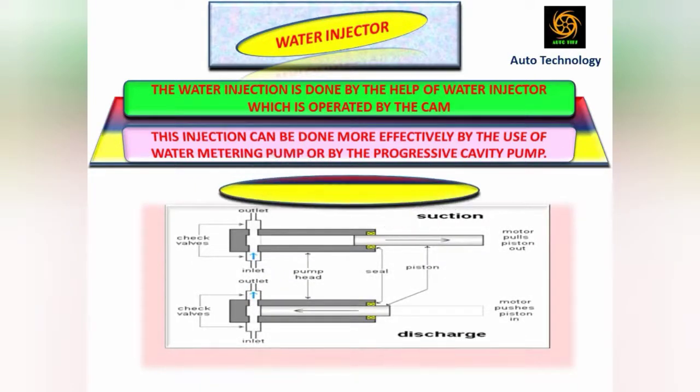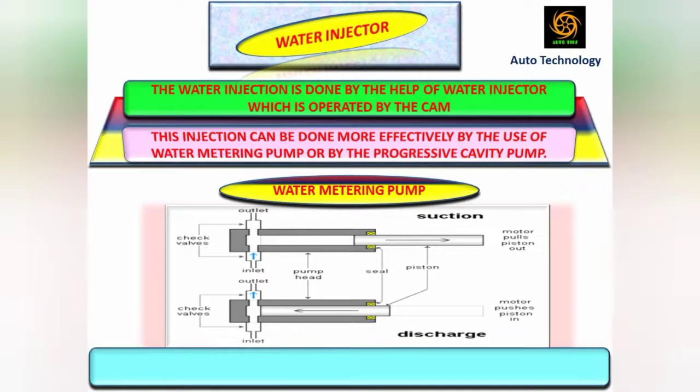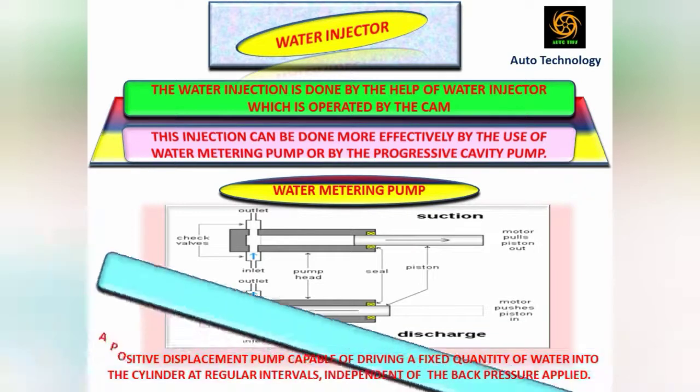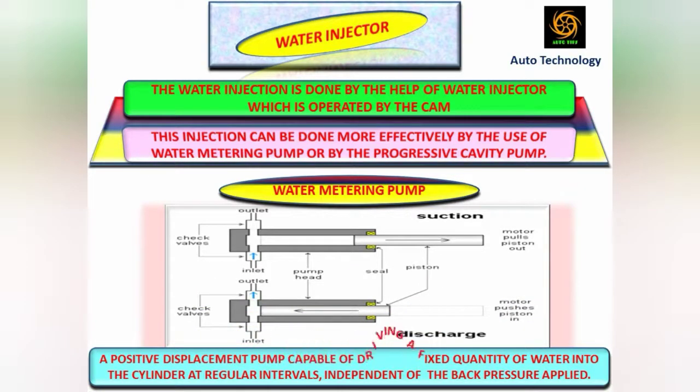First is suction, second is discharge. A positive displacement pump capable of driving a fixed quantity of water into the cylinder at regular intervals and independent of back pressure applied. This water injector injects the water into the cylinder in atomized form.